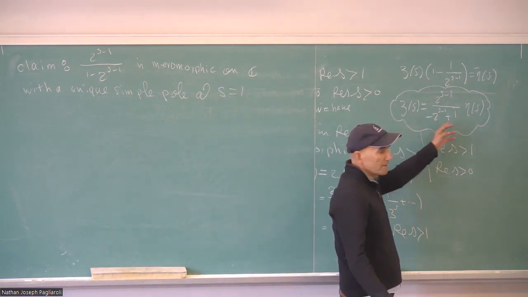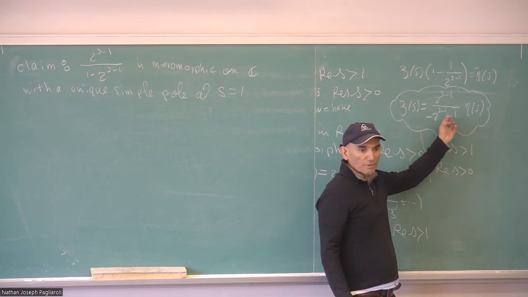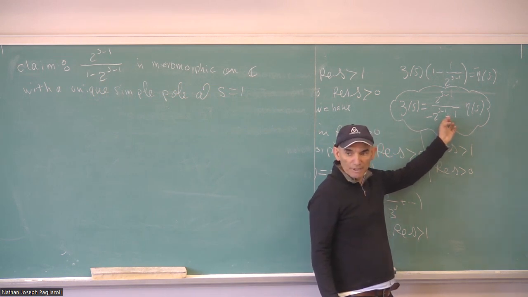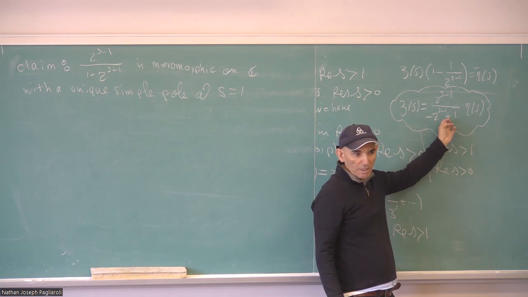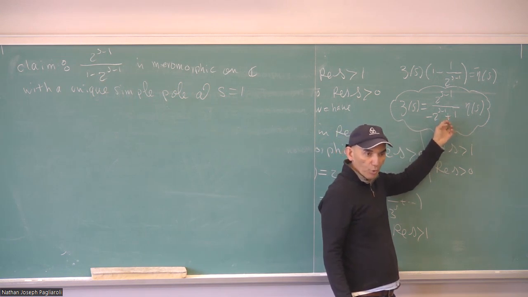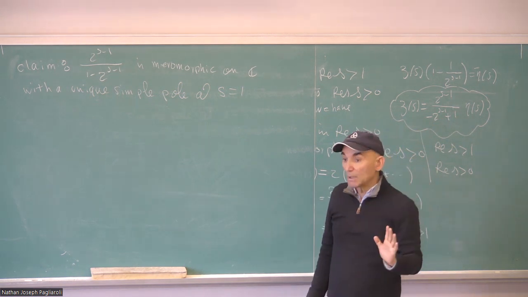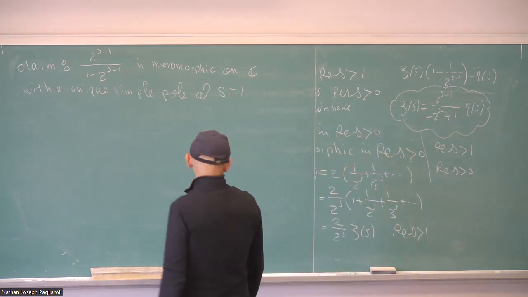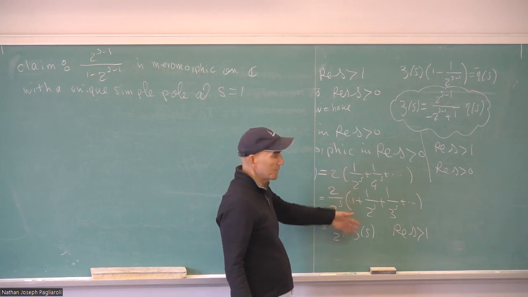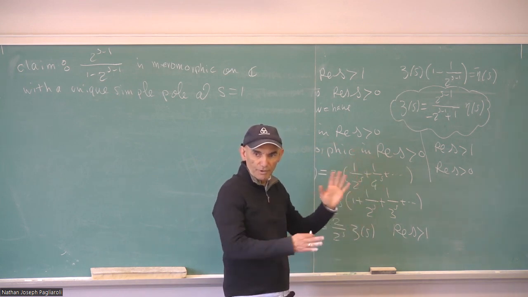Certainly it has a pole at s equal to 1 because the denominator becomes 0 there. But we have to understand the nature of the pole. I'm saying it's a pole of order 1, so it's a simple pole, and I want to also write the structure of the pole.